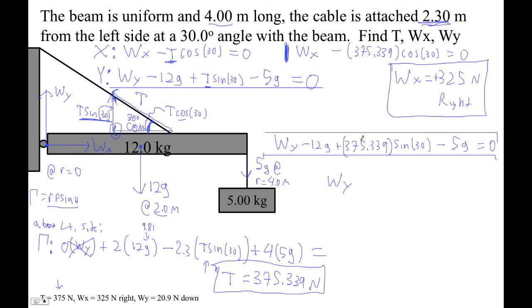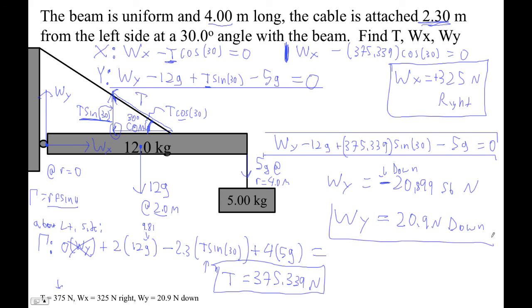Minus 20.89956 newtons, right? So the wall in the y direction, the minus means down, right? So I'm going to say, and you need to do this, you need to say 20.9 newtons down.